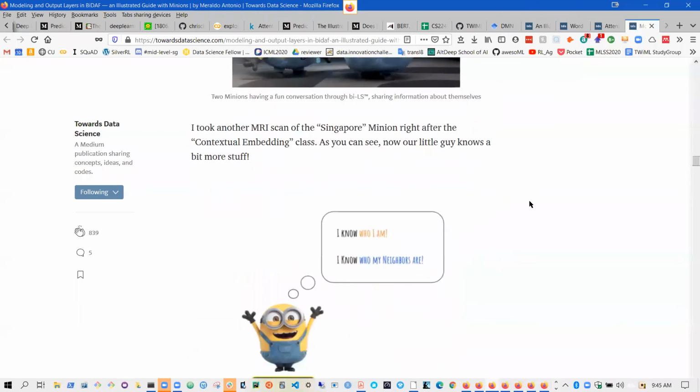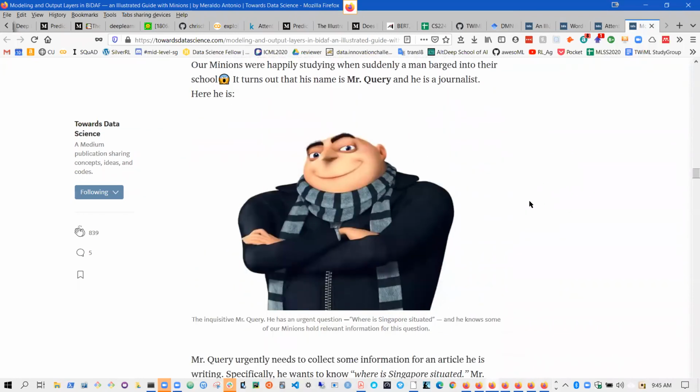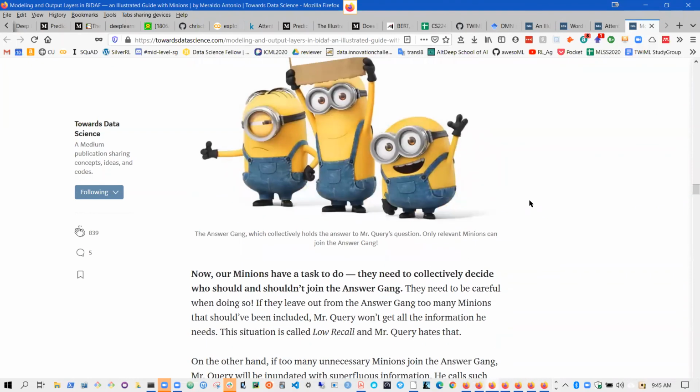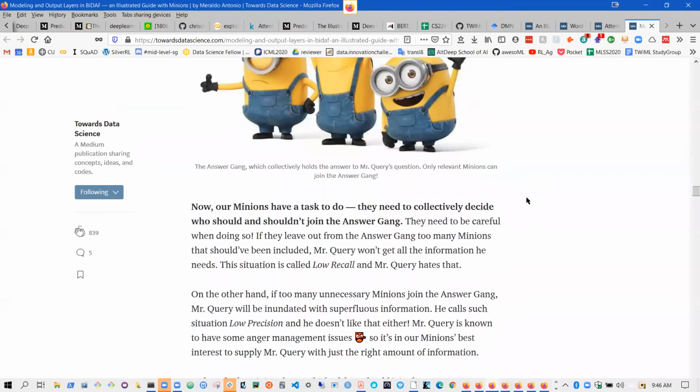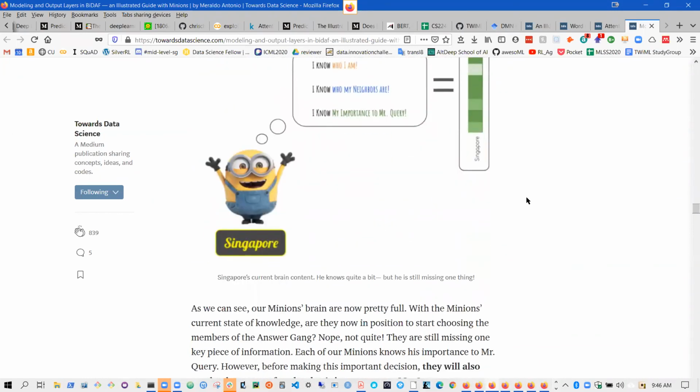In the first part of this, he basically just takes you through an analogy using minions, saying how you create the 8D by 1 by using the BiLSTM to generate contextual embeddings, and then eventually end up with the 8D by 1, which includes all of the various ways by which you have incorporated attention from query to context, context to query, and individual word, character, and contextual embeddings. That's all these words.